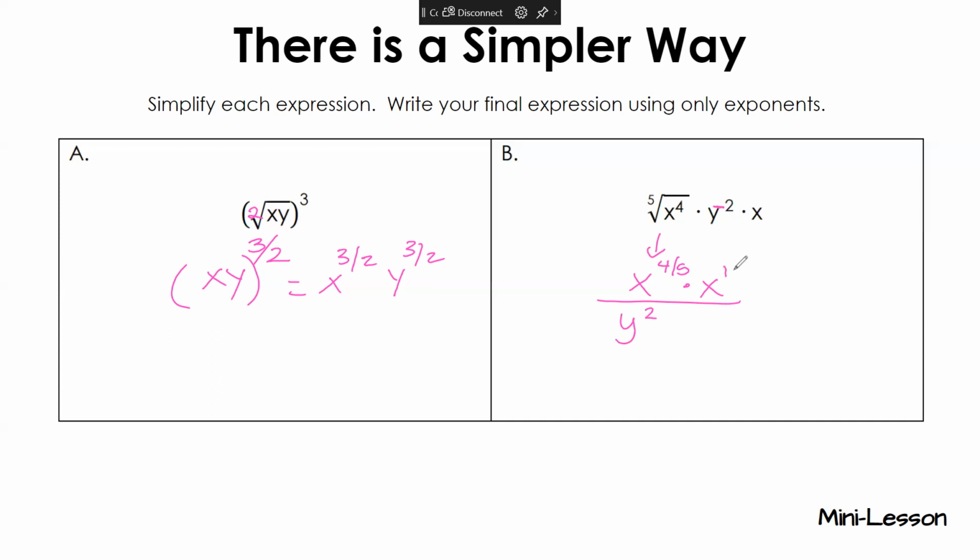So we're going to take this 1 and multiply by 5 in the top and 5 in the bottom. So it's now going to become 5/5. They now have the same denominator, so we're going to add 4 plus 5, and that's going to give us 9/5. And we're just going to keep that y squared in the bottom. We can't add the x and y's because they don't have the same base.